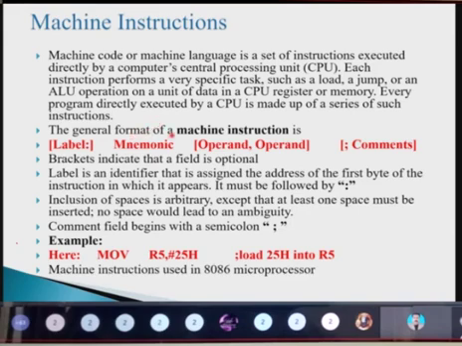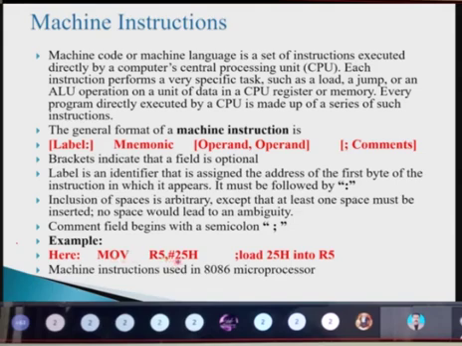What will be the general format of the machine instructions? We can have the label followed by the mnemonic, followed by one or more operands. And if I want to have any comments, I can put a semicolon followed by the comment. For example, here I am using a label, and the mnemonic code MOV. We have many mnemonic codes.